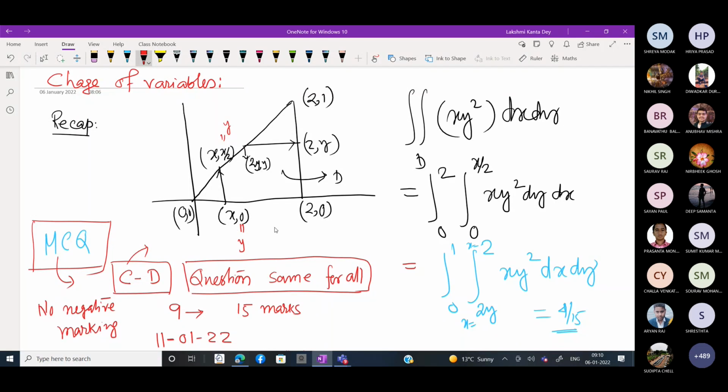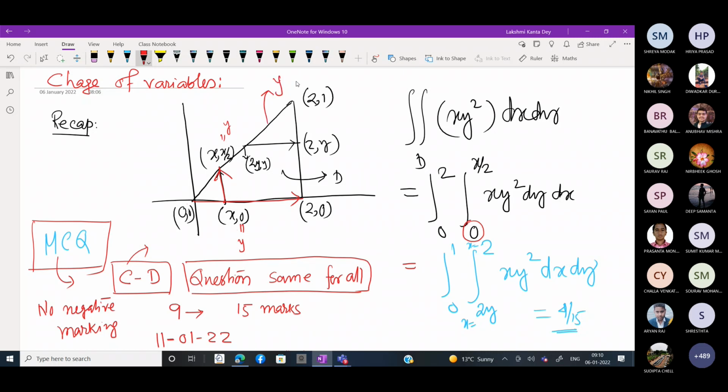X is varying from 0 to 2. From here to here, if we go, then it is 0 to 2, right? So Y is varying from this line to this line in this direction. At an arbitrary point (X, 0), what is Y? Y is 0. So 0 will be the lower limit for Y. And then what is Y here? We have to find the equation of this straight line.